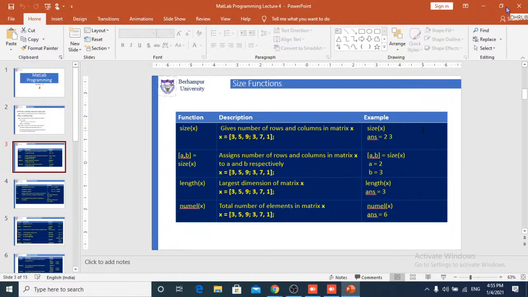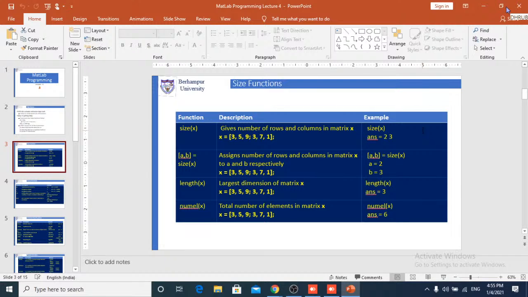It will return the total number of elements in the vector, but length x will always return the greatest dimension, whether the row is greater or the column is greater. Suppose the row is greater than the column, then it will show you the number of rows. If the number of columns is greater than rows, then it will show you the number of columns.